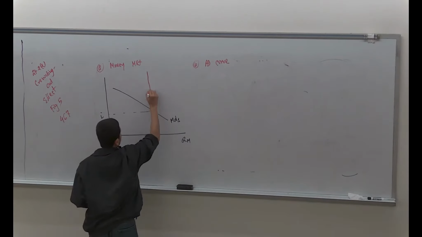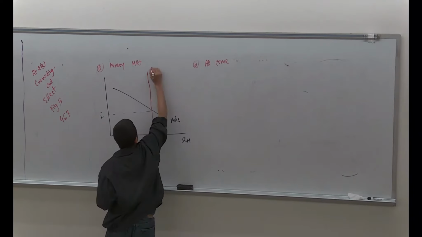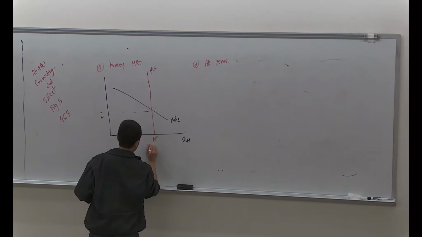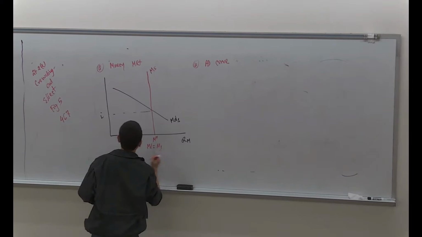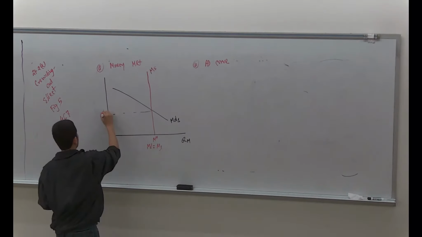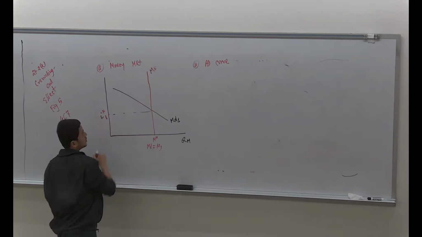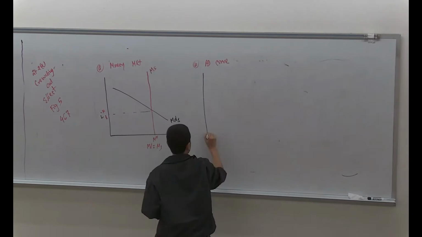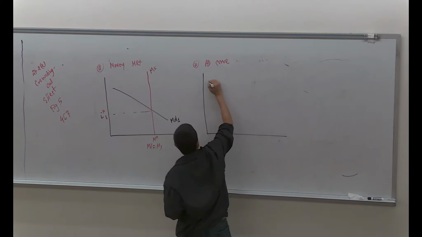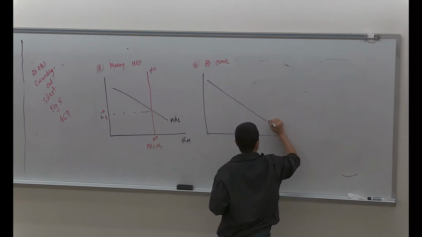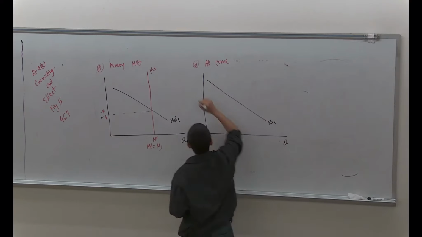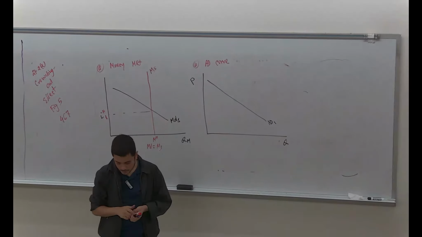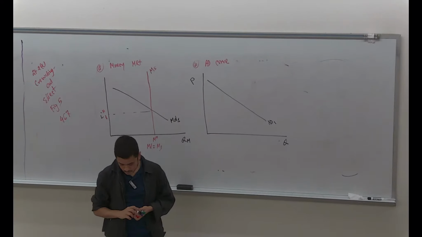This is money supply. At this point, money demand equals money supply. This is equilibrium i star 1. And aggregate demand is here. This is the AD curve, AD 1. This is the quantity demanded of goods and services. This is price.